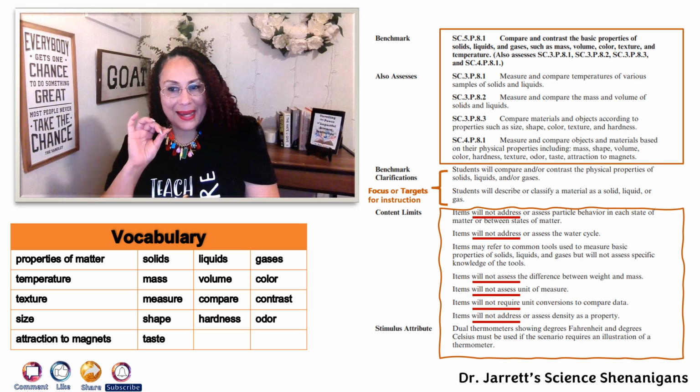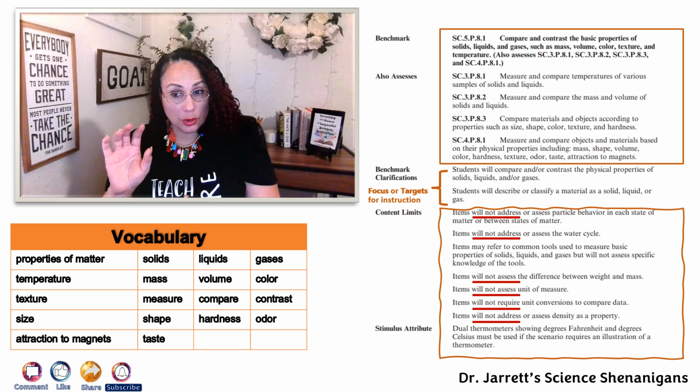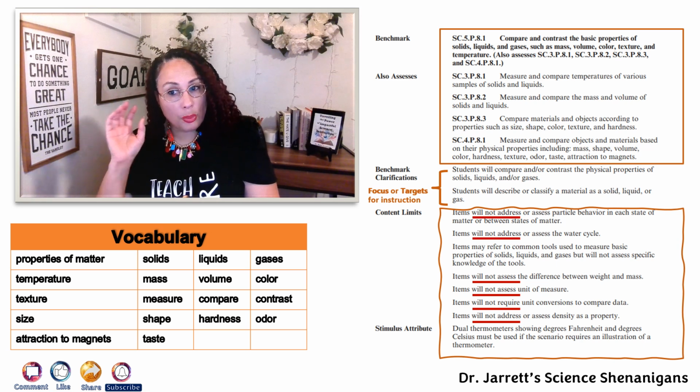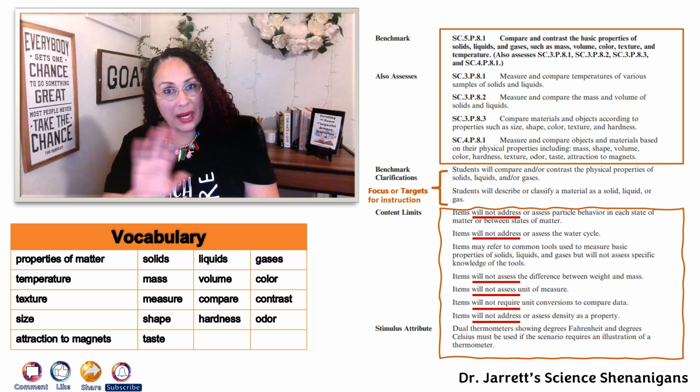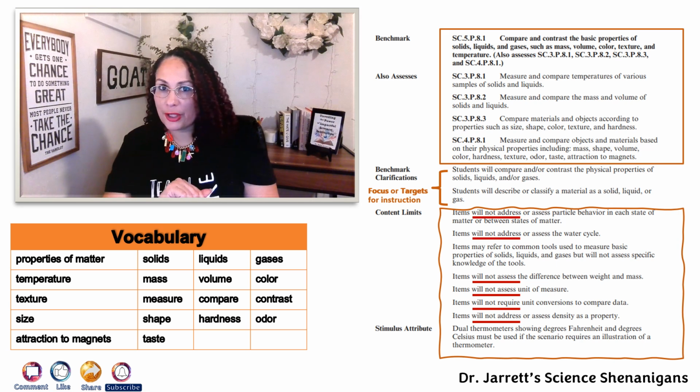If there is an activity that the students are working on, you want to make sure that you include those physical properties as well, because if it's a fifth grade activity, it's only going to have the fifth grade physical properties. It's not going to include the third and the fourth.